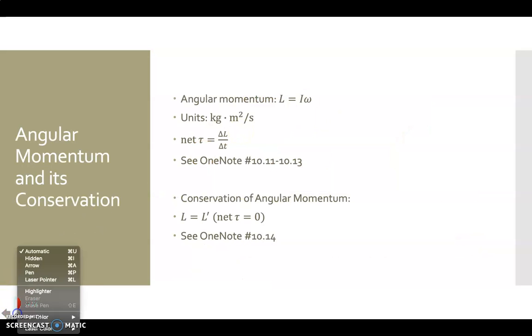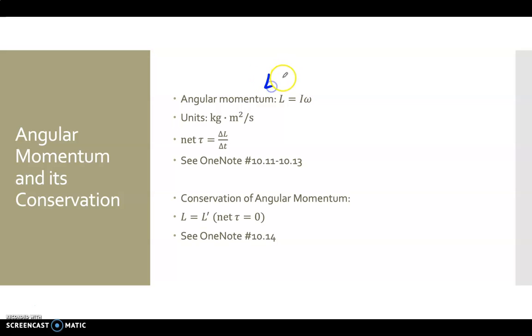Let me put my pen on. Okay, so L, and that is equal to my inertia, I, times my angular velocity. Okay, so this is my angular momentum.